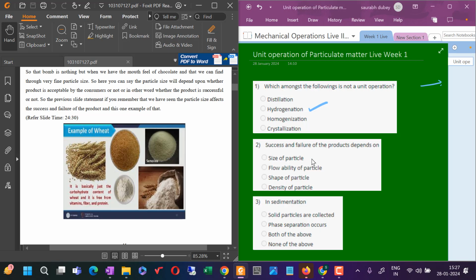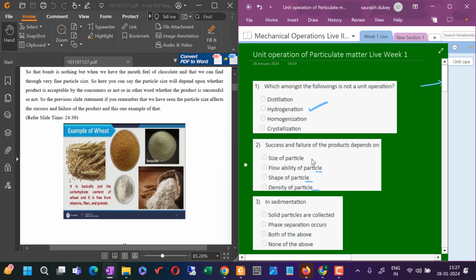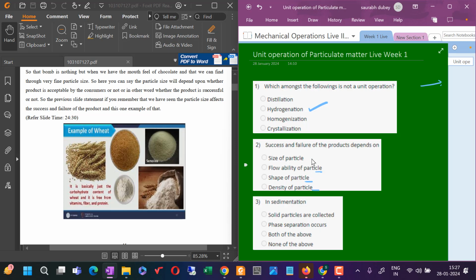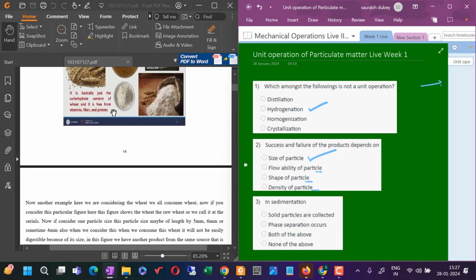But in turn you will come to know that these other options anyway depend on the size of the particle. So the main and most important parameter in mechanical operation is the size of the particle. So this is the correct answer for the second problem.